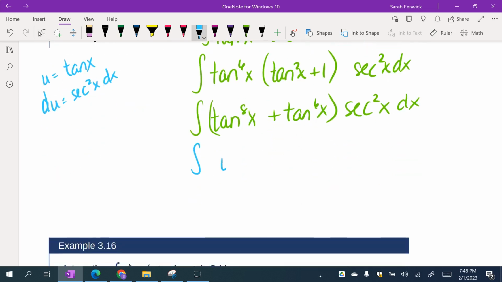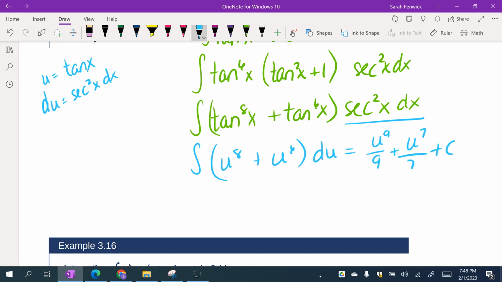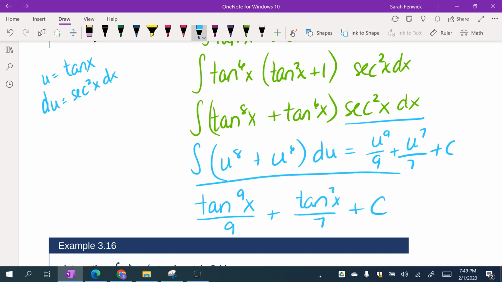So we have the integral of u to the 8 plus u to the 6 du, which is u to the 9 over 9 plus u to the 7 over 7 plus c, is tan to the 9x over 9 plus tan to the 7x over 7 plus c.